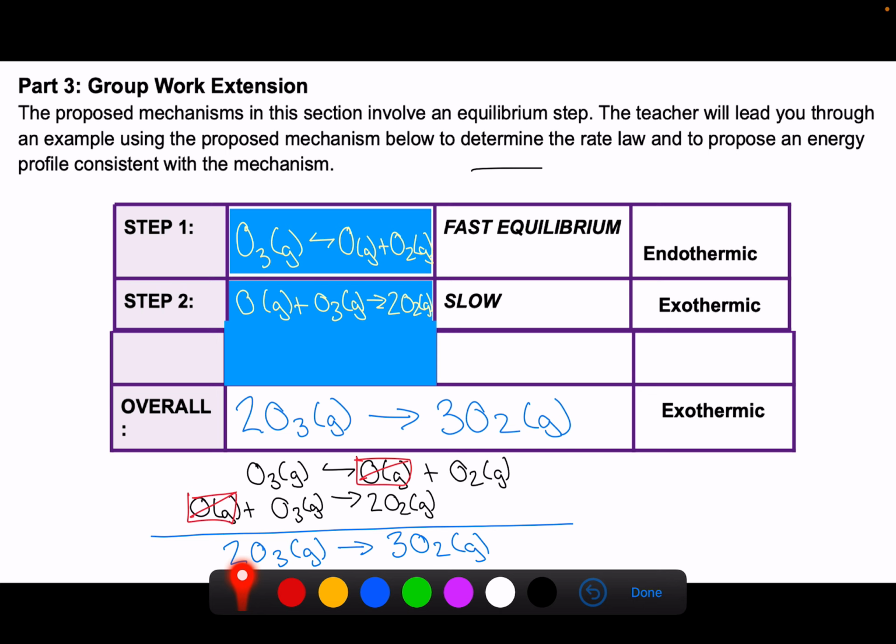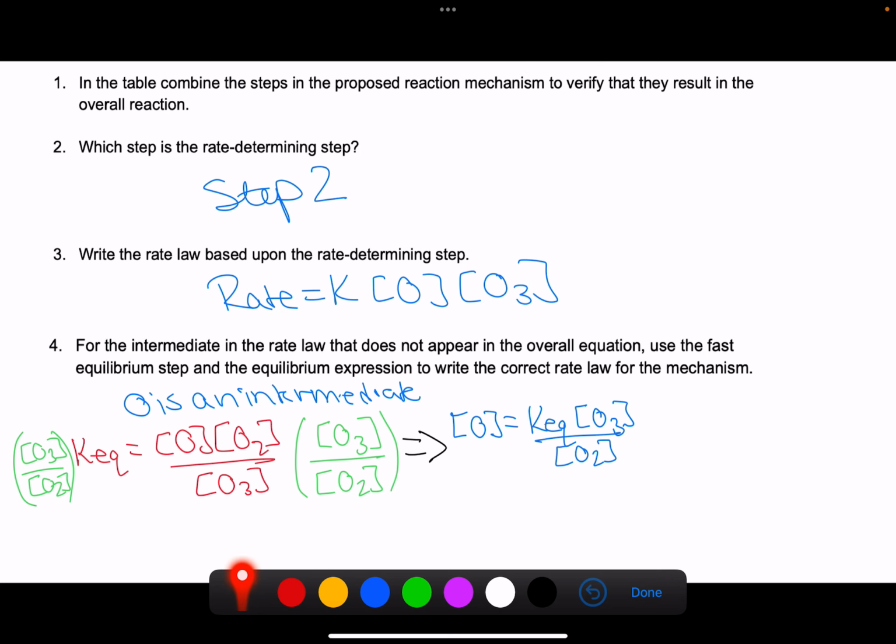We've got to do some math. So I'm going to start by writing my equilibrium expression. Okay? And my equilibrium expression is [O][O2] over [O3]. And that is going back to my equation on the slow step.